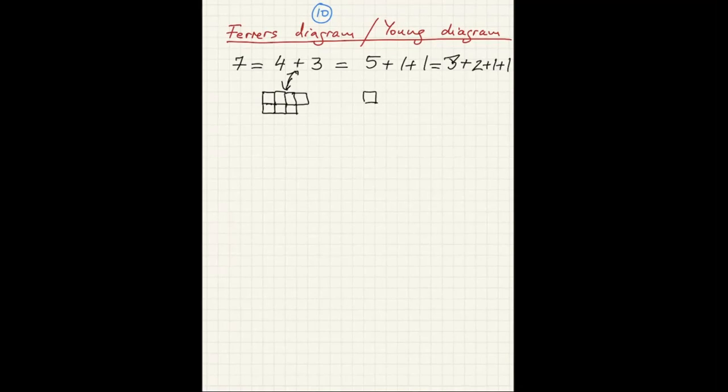Similarly, 5 plus 1 plus 1 can be represented graphically as follows. You have the 5 there, you have the 1, you have the 1. And then 3 plus 2 plus 1 plus 1, you have the 3 there, you have the 2, you have the 1, you have the 1.